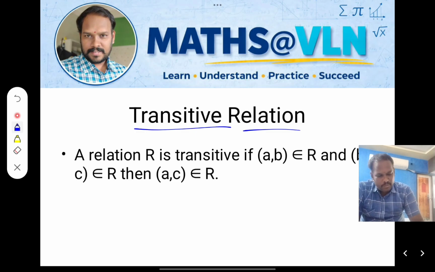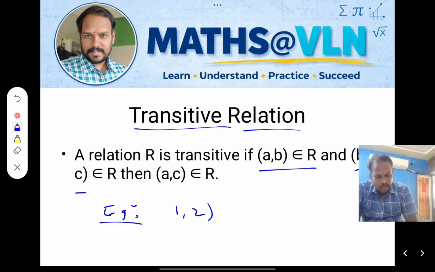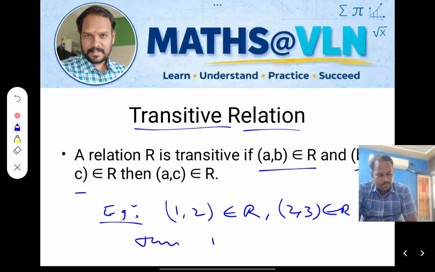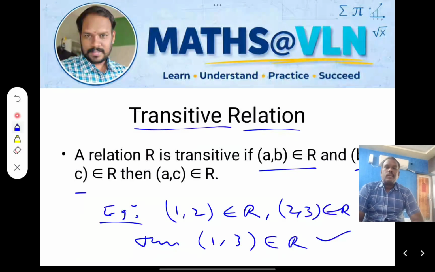If (a, b) belongs to R and (b, c) belongs to R, then (a, c) also belongs to R. For example, if (1,2) belongs to R and (2,3) belongs to R, then (1,3) must also belong to R, then only we call it a transitive relation. Otherwise it is not transitive.